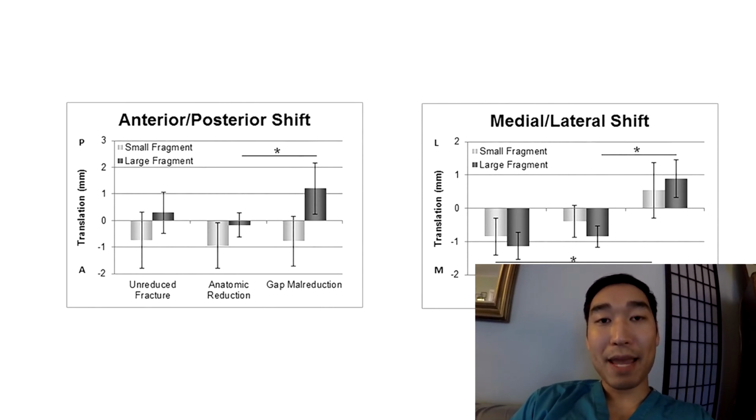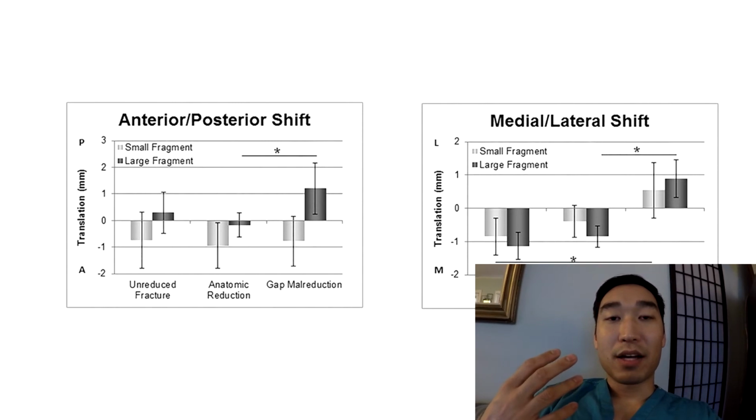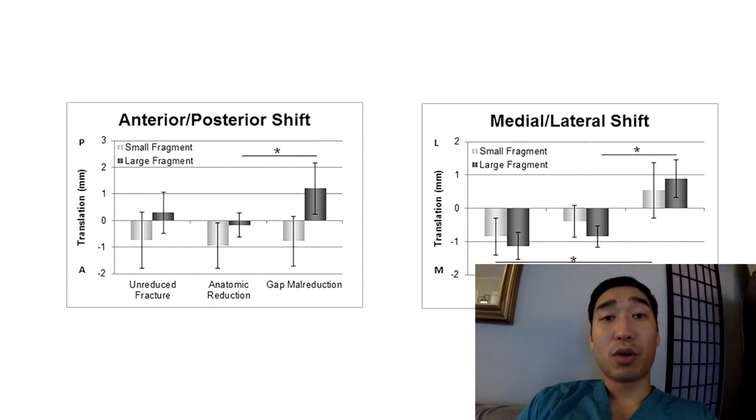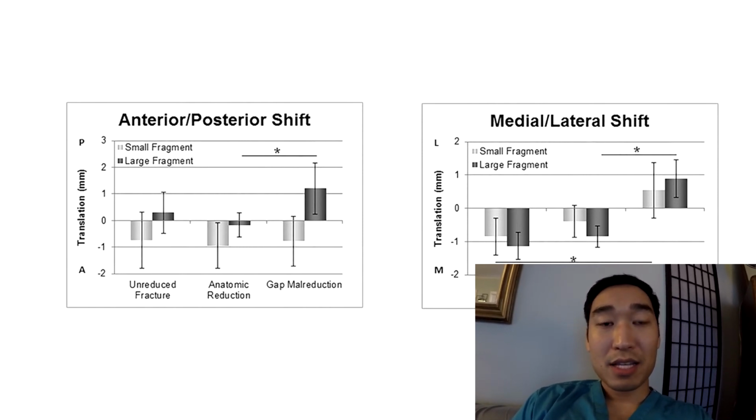I think the main point of this article adds on to the side where the posterior malleolus fracture should be fixated regardless of its fracture fragment size. Because they illustrated in here, the anterior-posterior and medial-lateral displacement did not associate with the fracture fragment size.